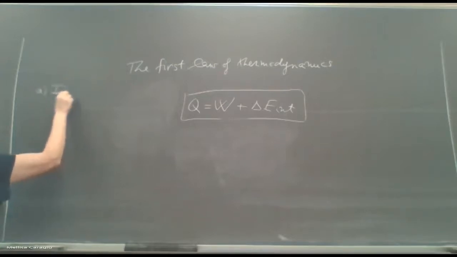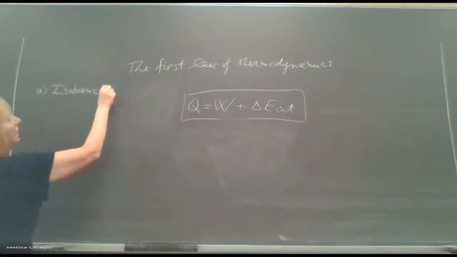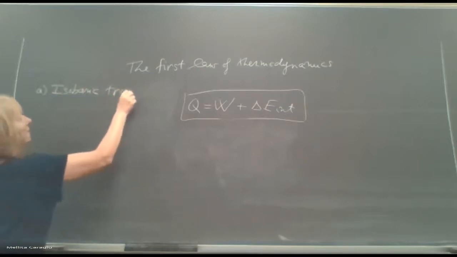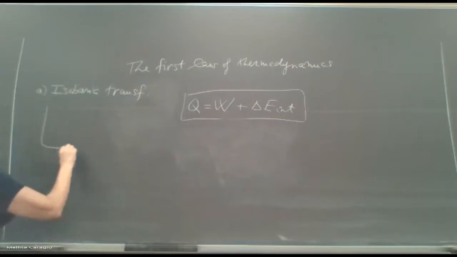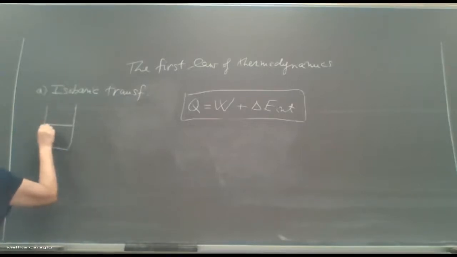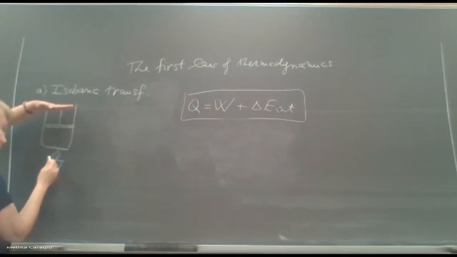So let's say that first the gas goes through an isobaric transformation. So what was the isobaric transformation? The pressure stays the same, right? So we heat the gas and we allow the piston to move freely.